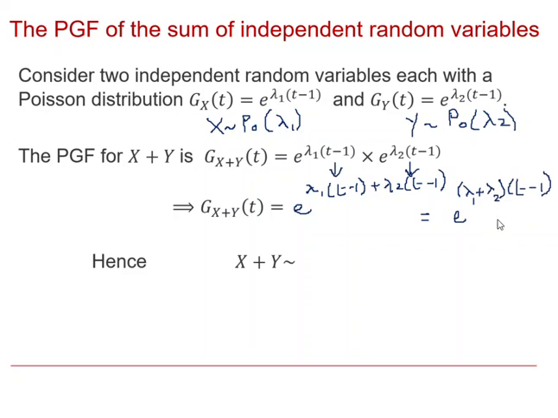And this is clearly the generating function for a Poisson random variable with parameter lambda 1 plus lambda 2.